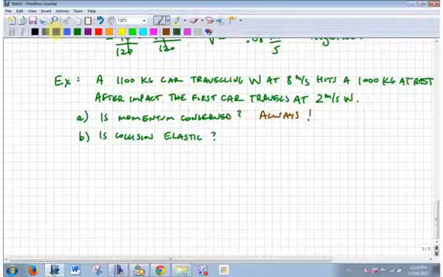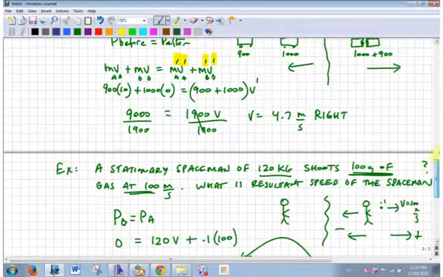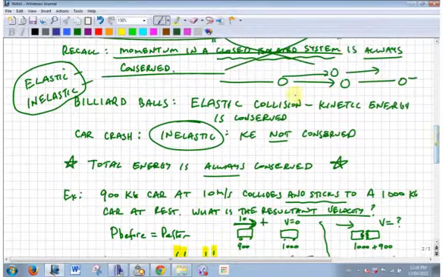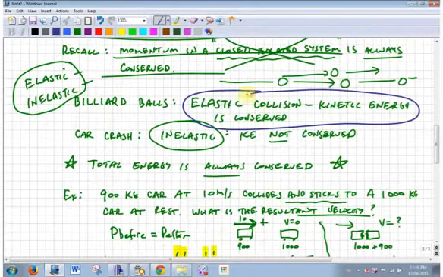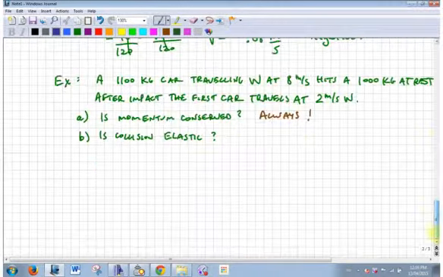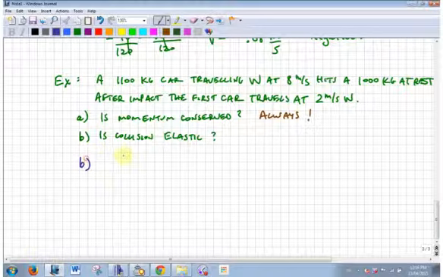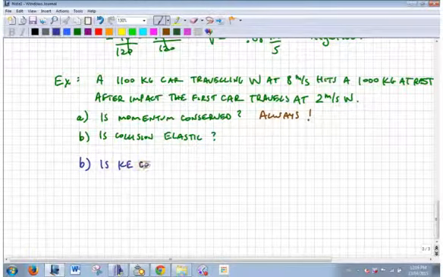Is the collision elastic? Okay, new stuff. What do I know about elastic collisions? Kinetic energy is conserved. Okay, so is kinetic energy conserved?